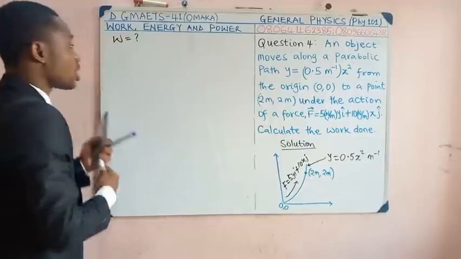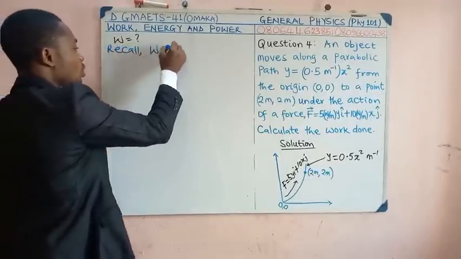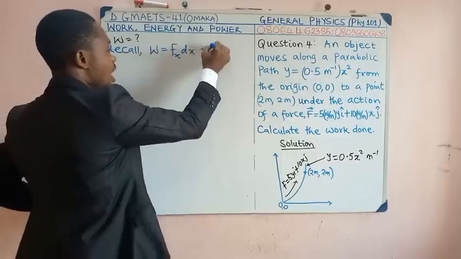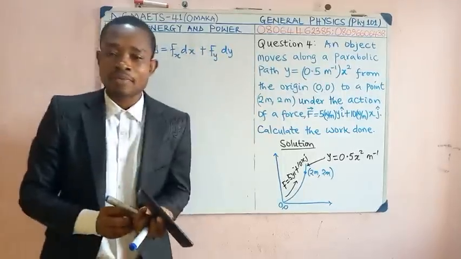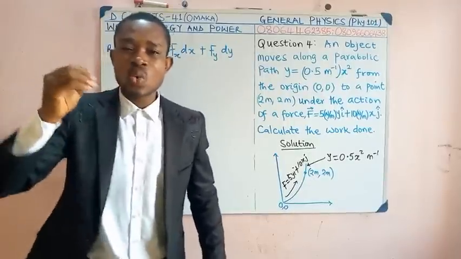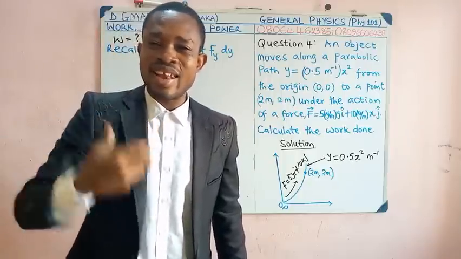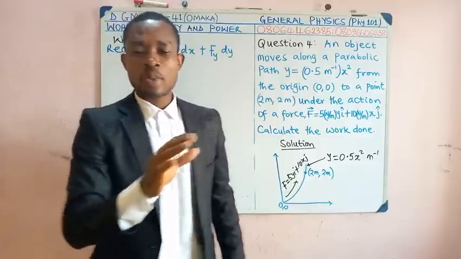So we quickly need to recall that in a case like this, work is equal to Fx times dx plus Fy times dy. That's the work formula. Having recalled this work formula, the next thing I need to do is to select the axis I want to solve with respect to. Do I want to solve with respect to x?